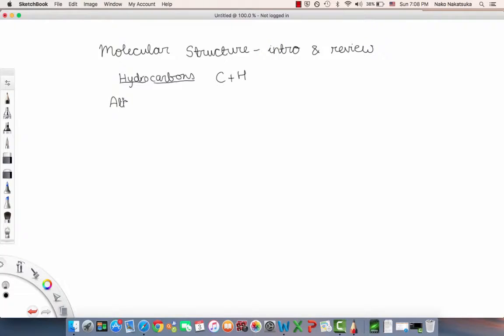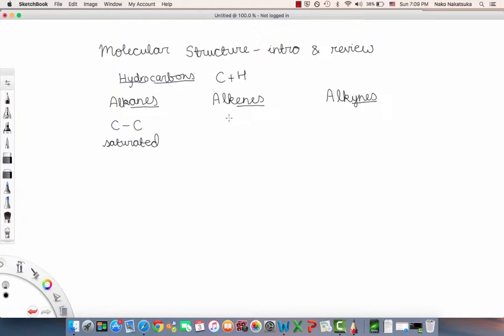The first one is alkanes, which has the suffix -ane. Then we have alkenes with the suffix -ene. And then we finally have alkynes. If you remember, alkanes consist of single bonds. And so when you just have single bonds, it's called saturated.